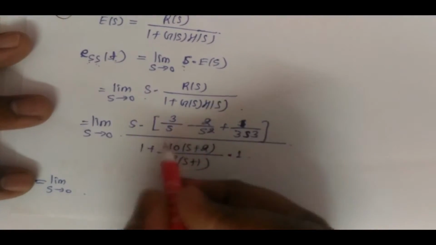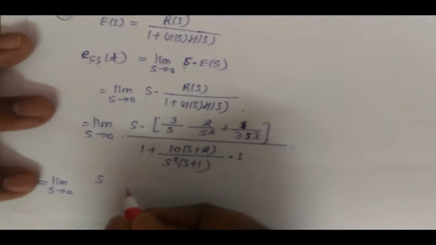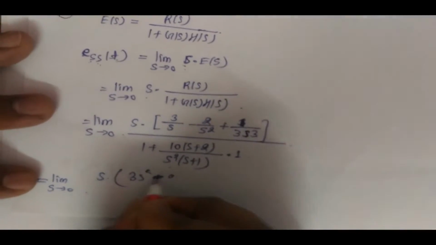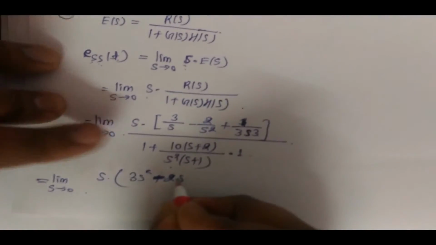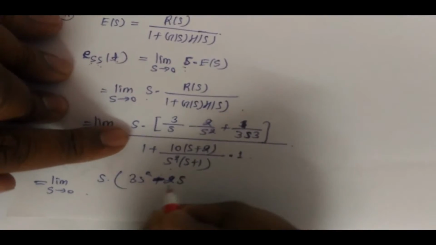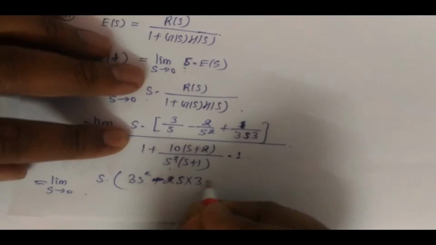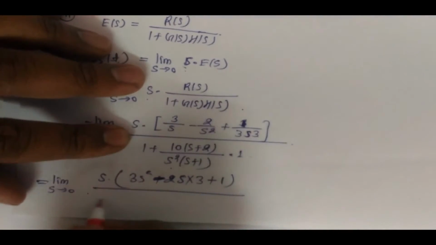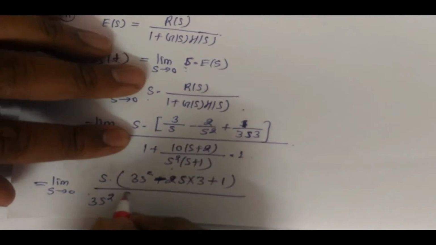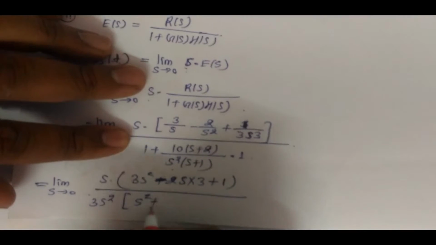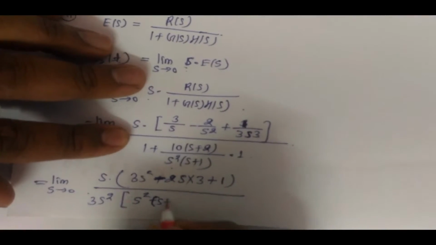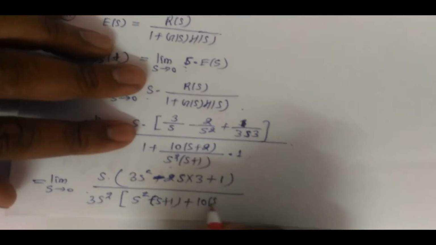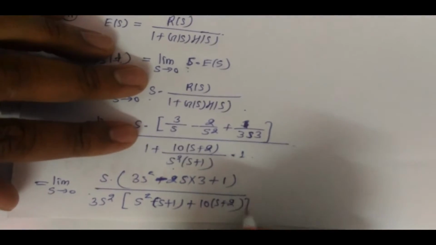In the denominator part, there is an s, we can multiply with 3 plus 1. Now this becomes 3s square, again s square into (s plus 1) plus 10 into (s plus 2).